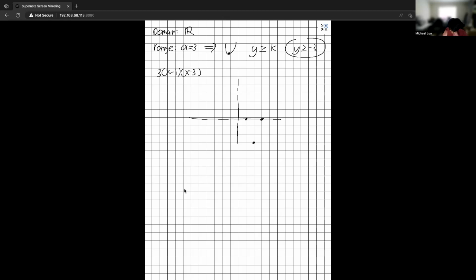I notice here that I have a 3, so how am I going to plot the other ones? I'm going to use 3 times that 1, 3, 5 pattern.